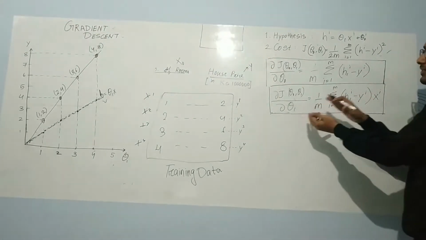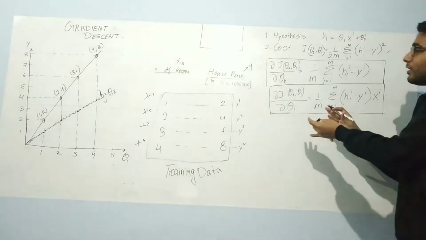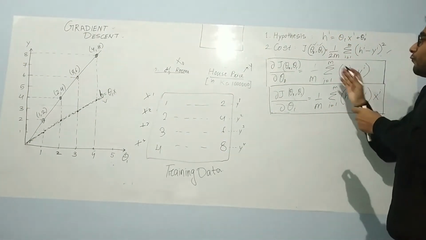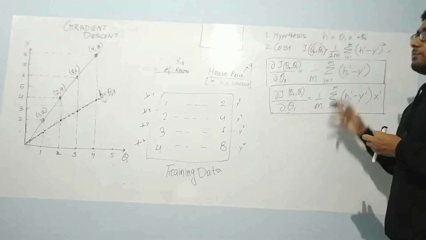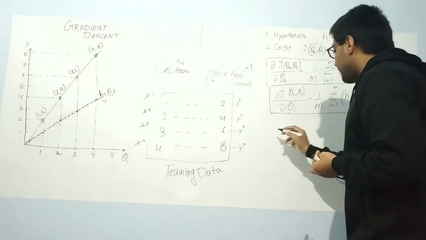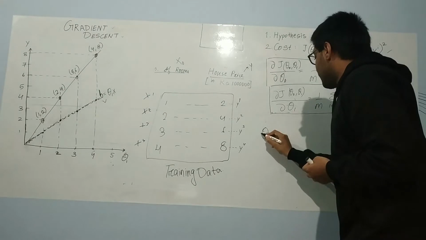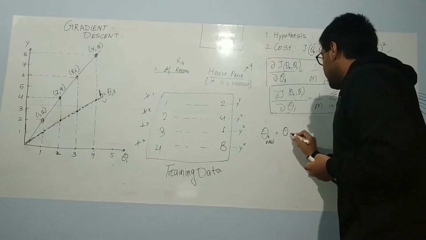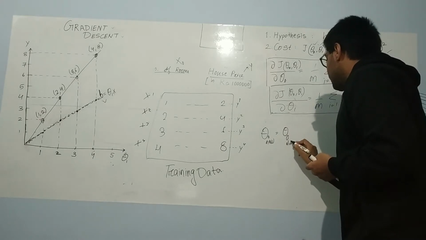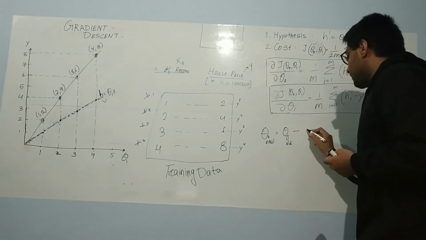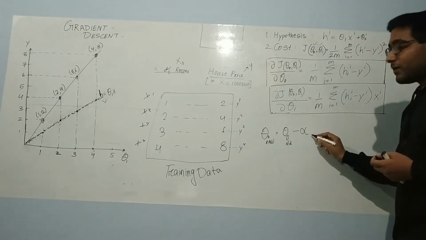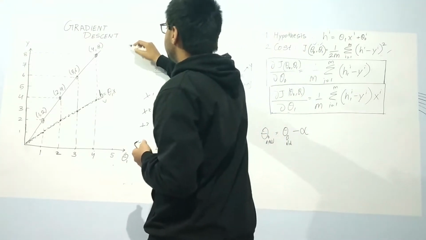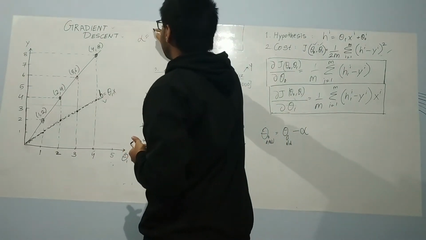So using these terms, using this gradient descent, we will update these parameters. We will update the weight parameters or the coefficient parameters with the help of this equation. So theta 0 new equals theta 0 old minus alpha. Here alpha is called the learning factor. Let me write this down for you.